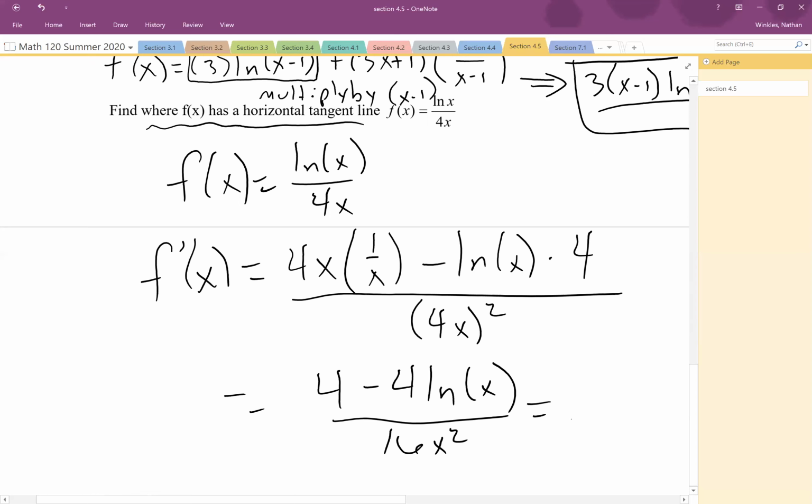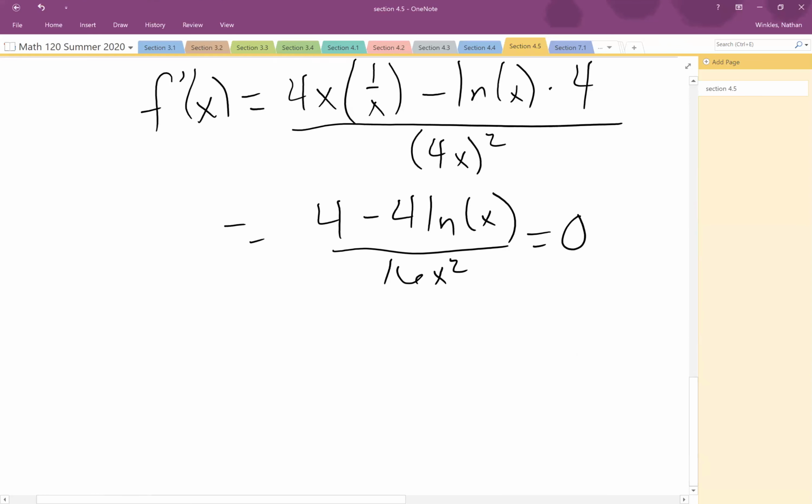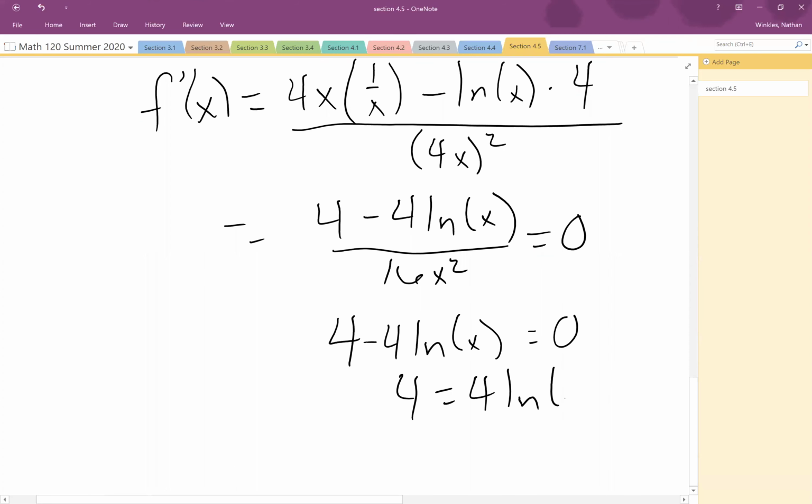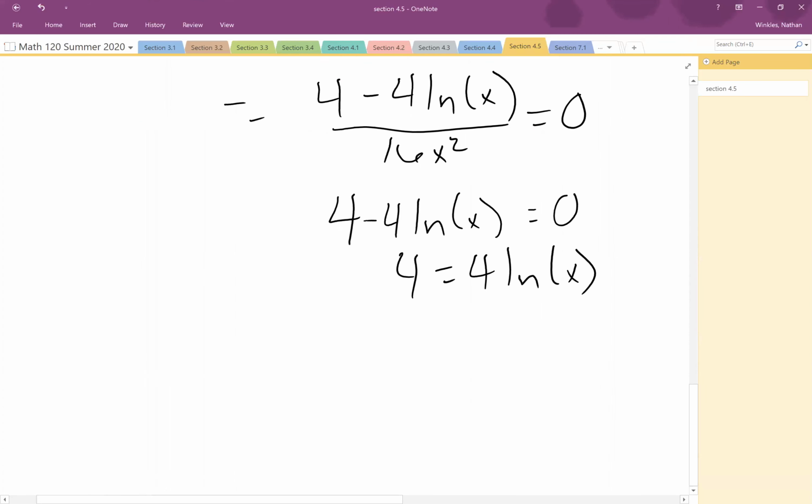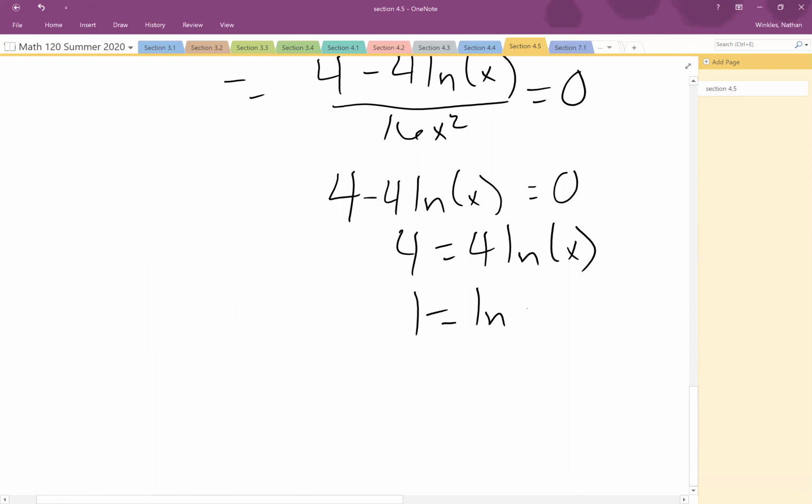Horizontal means we set it equal to 0 and solve. Means I don't care about the denominator. I really only care about 4 minus 4 ln x equals 0. 4 equals 4 ln x. 1 equals the natural log of x. Taking e to both sides, e equals x.